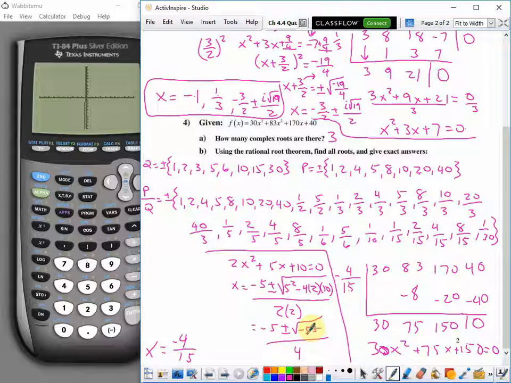Now, 55 can only be broken down into 5 times 11, so we're not going to be able to simplify that other than to take out that negative as an i. And once again, I'm just going to write this representing 2 separate solutions all in one. I'll break it up into 2 fractions of -5/4 plus or minus i times the square root of 55 over 4, and those are my 3 roots.